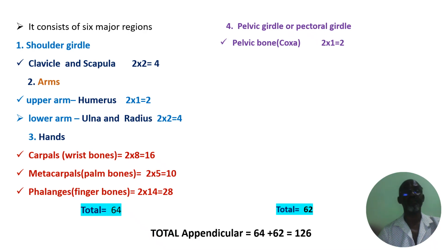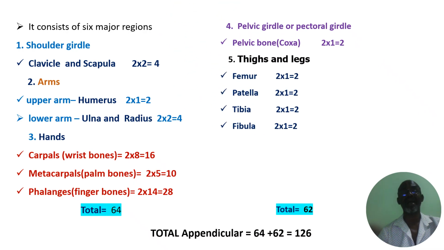Now the fourth division is the pelvic girdle, or pectoral girdle is also the other name. We have two bones, left and right, hip bones. They are also known as coxa. Pelvic bones are also known as coxa. Therefore, we have one at the left, one at the right, 2 times 1 is equal to 2.